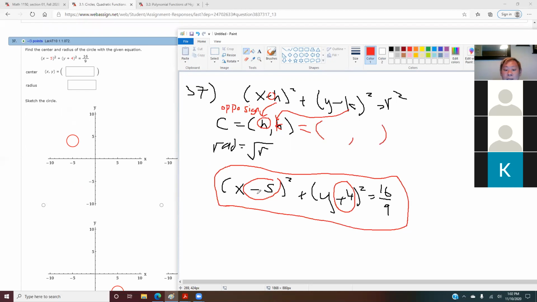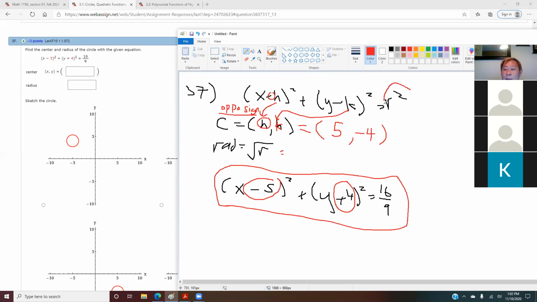H in this case is -5, but if you do the opposite sign, -5 will become +5. K is +4. If you switch the sign, it becomes -4. So your center in this case is (5, -4).